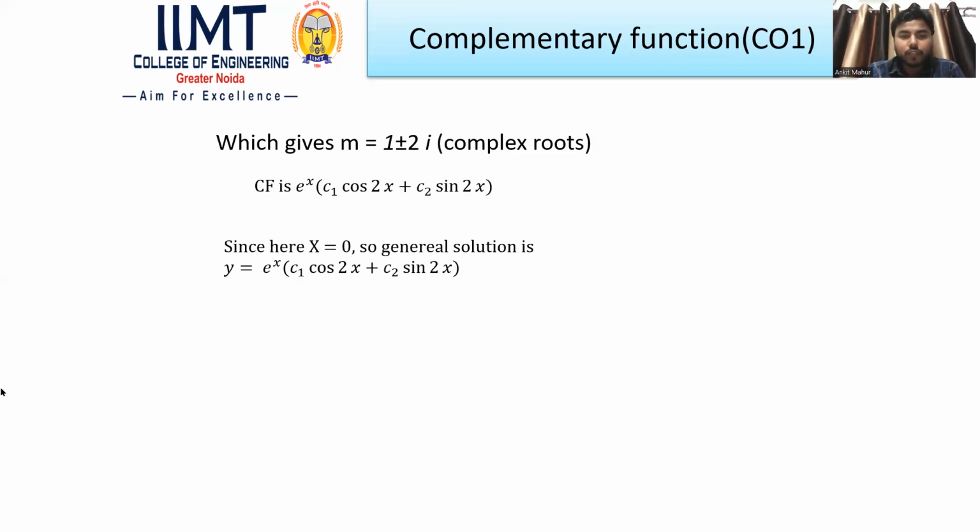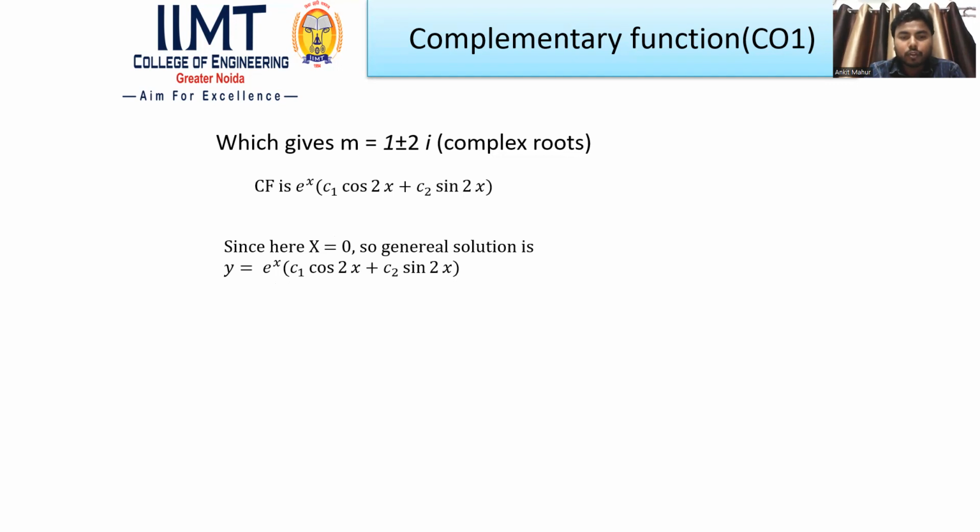Solve the auxiliary equation, we get the roots m = 1 ± 2i. Here both the roots are complex roots. Then CF is e^x (C1 cos 2x + C2 sin 2x). Since here X = 0, that is PI = 0. So the general solution is y = e^x (C1 cos 2x + C2 sin 2x).